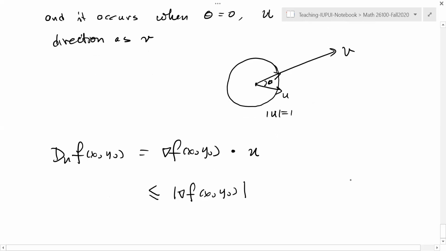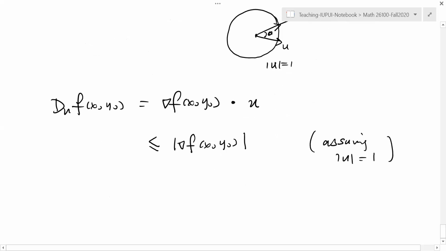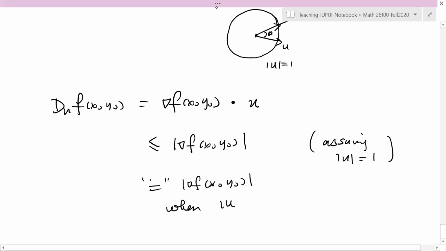And equality holds when u has the same direction as the gradient.